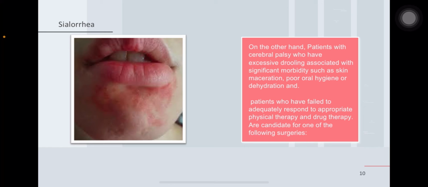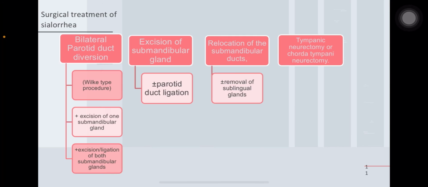On the other hand, patients with cerebral palsy who have excessive drooling associated with significant morbidity such as skin maceration, poor oral hygiene, or dehydration, and patients who have failed to adequately respond to the appropriate physical and chemical therapy are better candidates for surgical therapy.